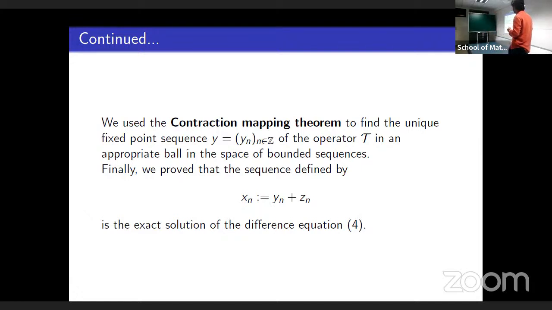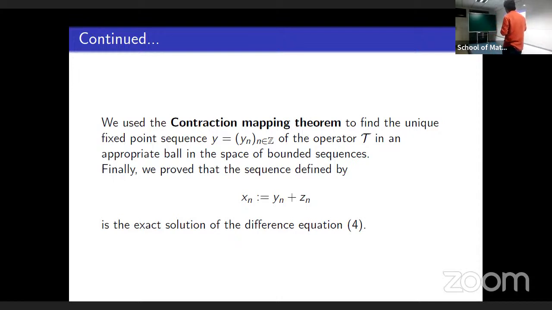One is the unique fixed point sequence that we obtained earlier, and then the approximate solution that was given. So we define a new sequence xn as a sum of these two sequences, and we prove that this xn is nothing but the exact solution of the difference equation.